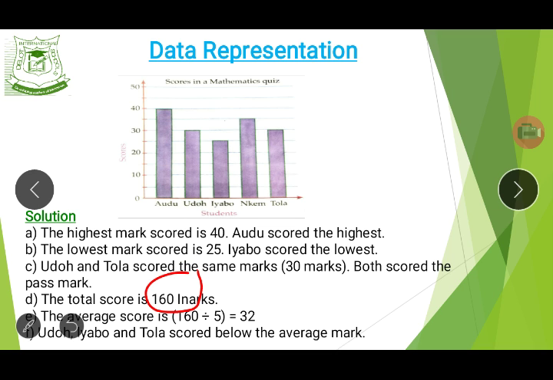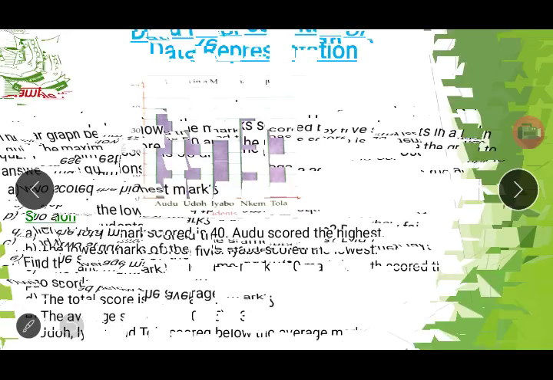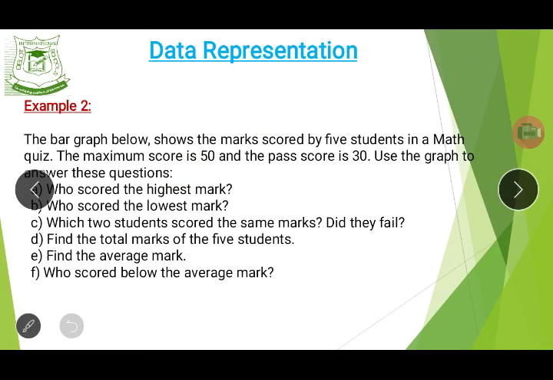That's the total score. Then to find the average, you divide by the number of students given. How many are they? 1, 2, 3, 4, 5, right? So we divide 160 by 5 to get 32.